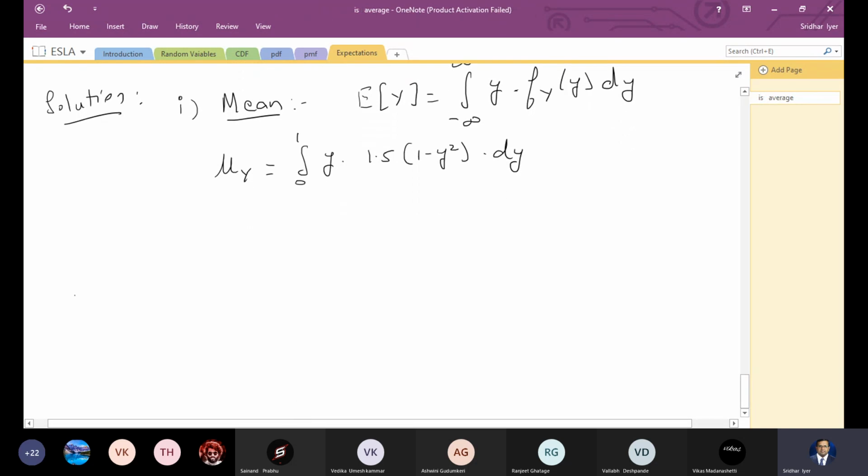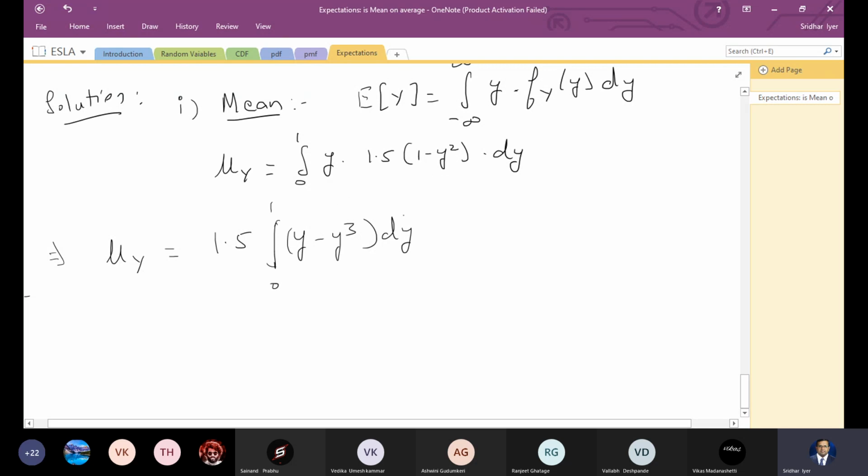So now mu y on the LHS will be, let's start multiplying. I'll take the 1.5 outside, it's a constant. You'll have integral 0 to 1, and you'll have y minus y cube dy. I've just multiplied this y with the 1 minus y square inside the bracket.